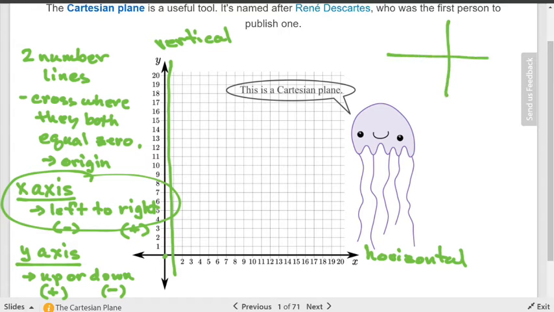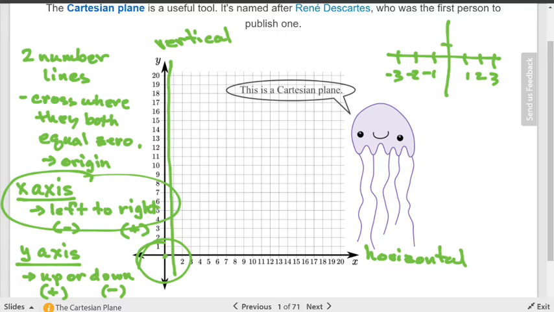So if we did a full Cartesian plane, it would look like this. Now notice this one doesn't do the negatives, because the focus at this level is not signed numbers. The focus at this level is going to be on the positives. But I'm going to drag you a little further than that because I think you can deal with it. If we have 1, 2, 3 going this way, on this side it would just be the negatives.